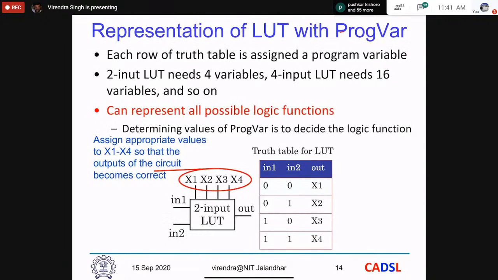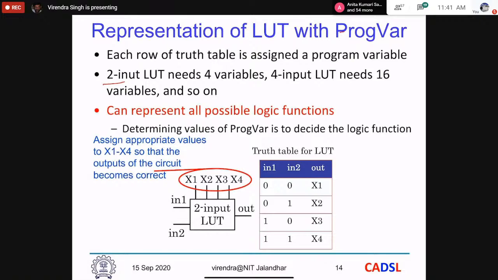What is there in a lookup table? I have some storage elements and then a multiplexer in front of them. It chooses one value based on the control input that it gets. Say I have a two input lookup table with 4 entries.